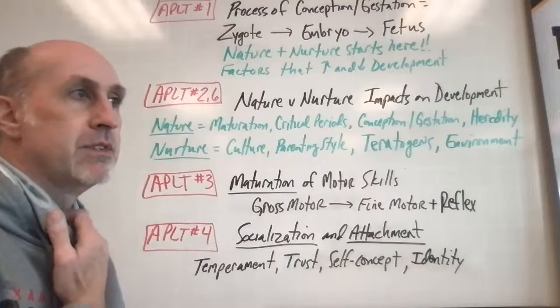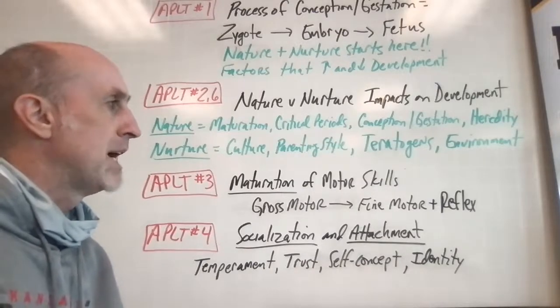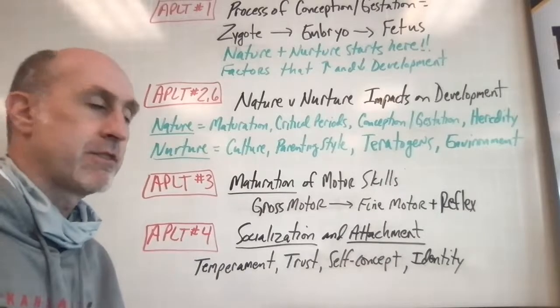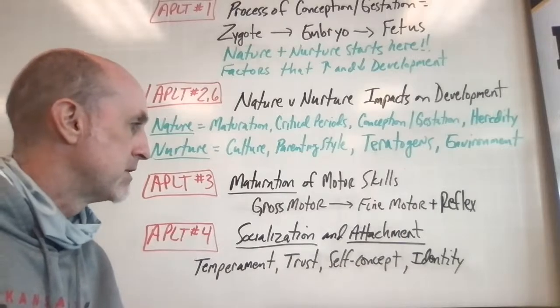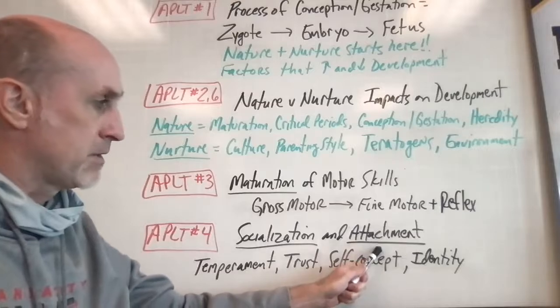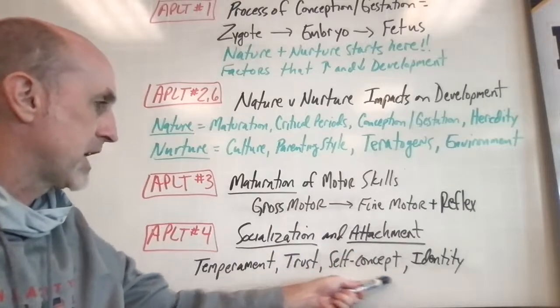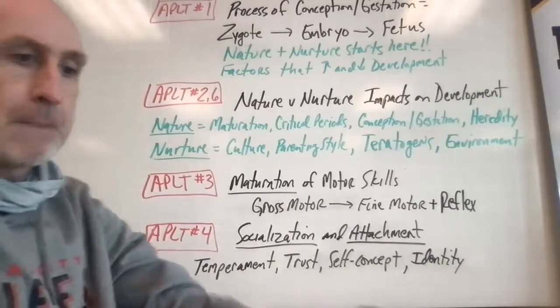Gazelles will attach to lions or lionesses in the wild. They don't generally end very well, but they just know that if they're isolated, their chance of survival is negatively impacted. So socialization is important, and so is attachment, because this helps us socialize. These are the early impacts on both of those.